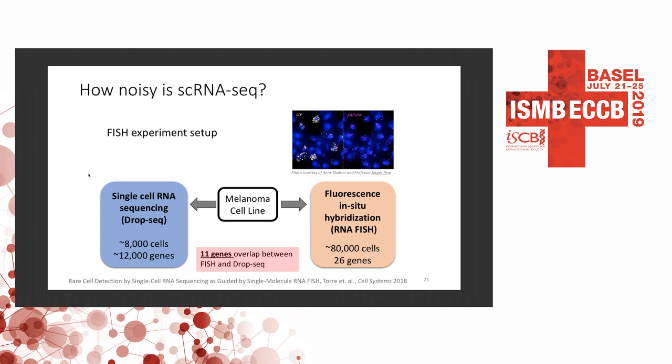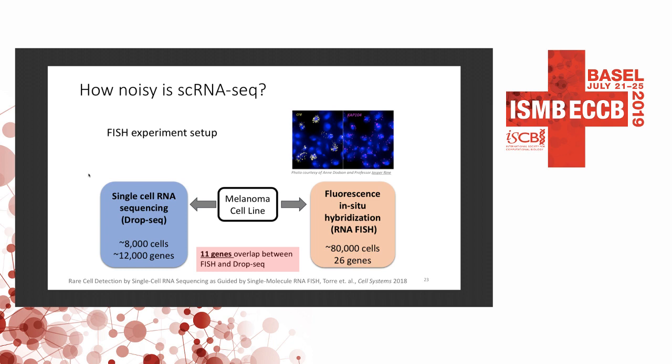This is a figure of what RNA FISH is. It is an imaging-based technique, and these are the RNAs. They can count how many RNAs you see in one cell. They measure many more cells, but this technology currently cannot give you the whole transcriptome.